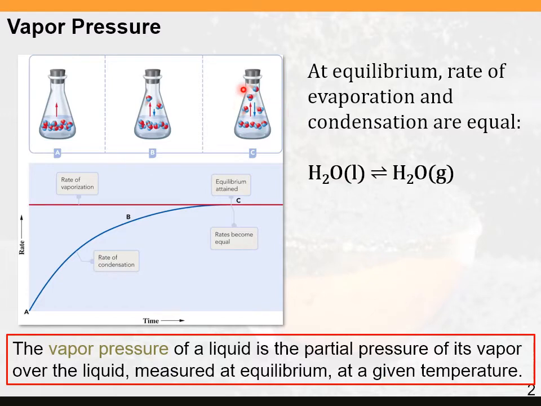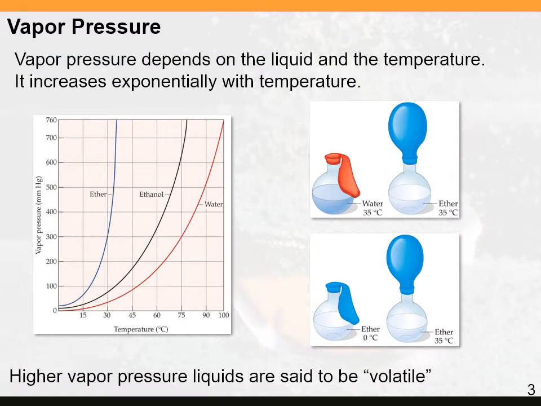The vapor is above the liquid. Vapor pressure depends on several factors, one of which is the type of the liquid. If you compare ether, ethanol, and water, let's say at 35 degrees Celsius, you see that water has the lowest vapor pressure and ether has the highest vapor pressure.